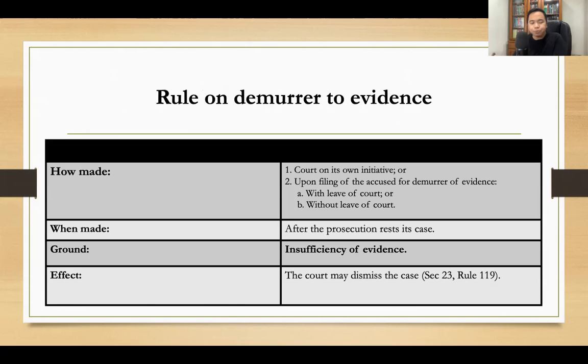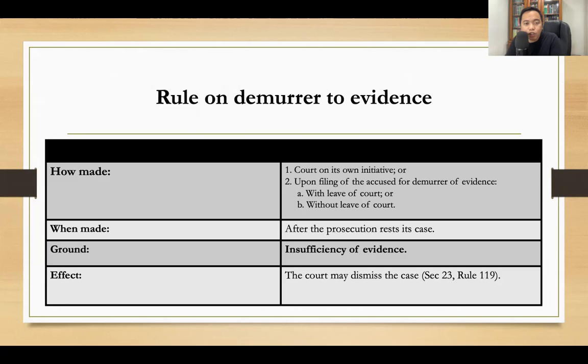Now, a demurrer to evidence can be done by the court on its own initiative or upon the filing by the accused of a motion for leave of court to file demurrer to evidence. These can be filed with leave of court or without leave of court.